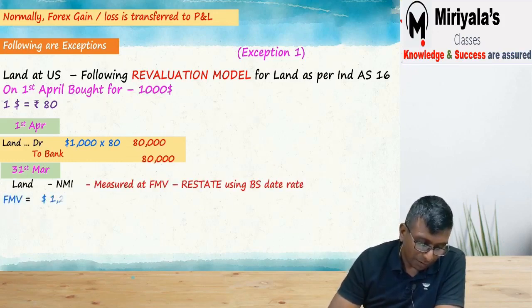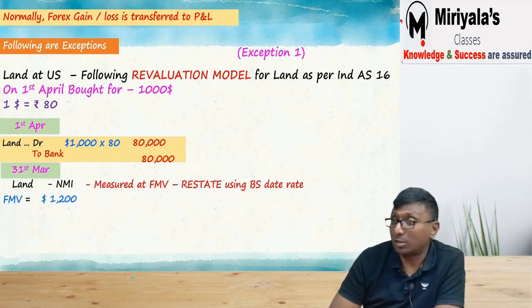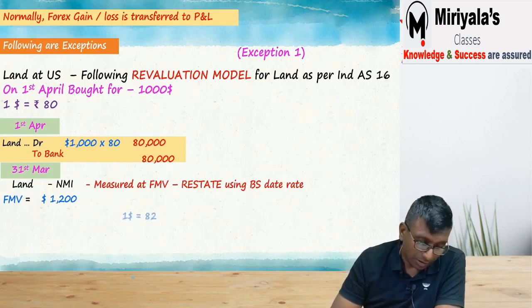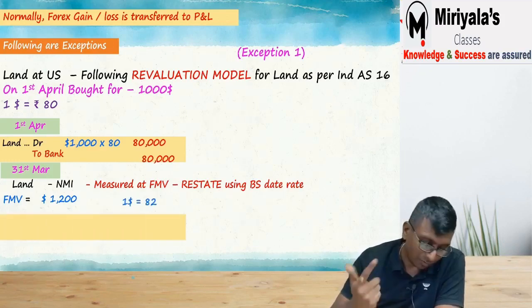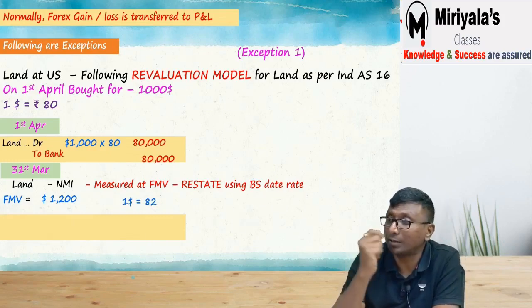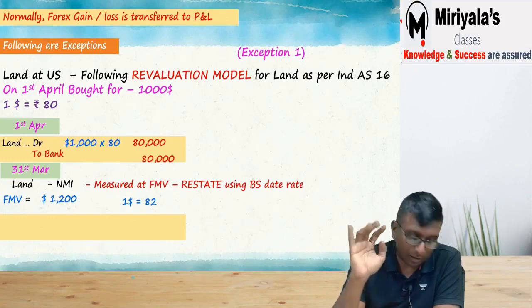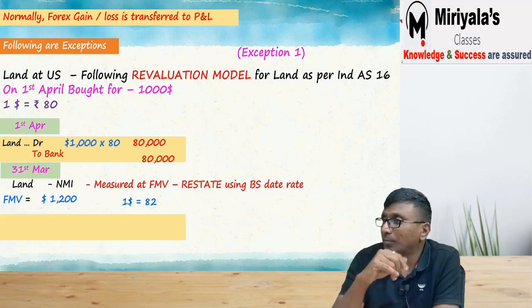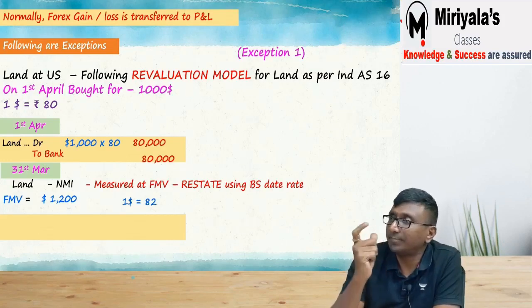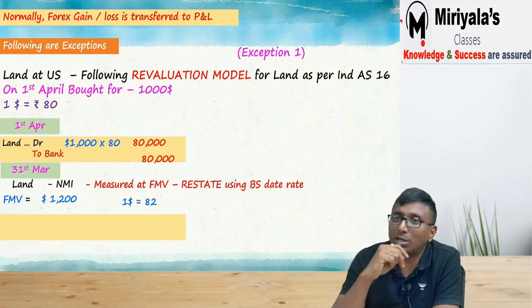Today the fair market value of the land is $1,200, and the dollar rate is 82. So 1,200 into 82 is 98,400, minus 80,000.